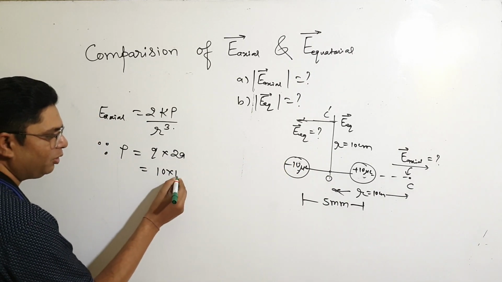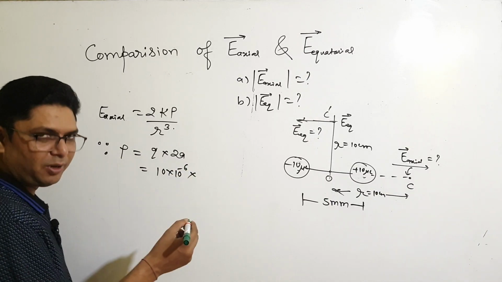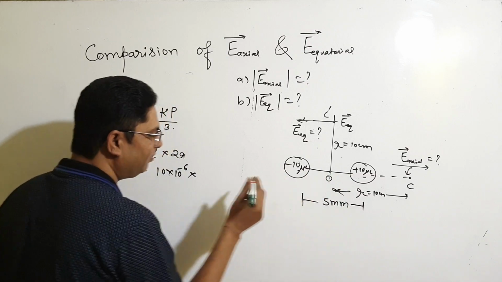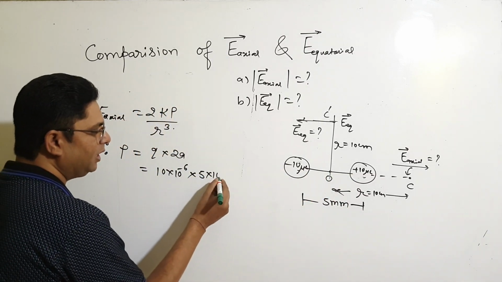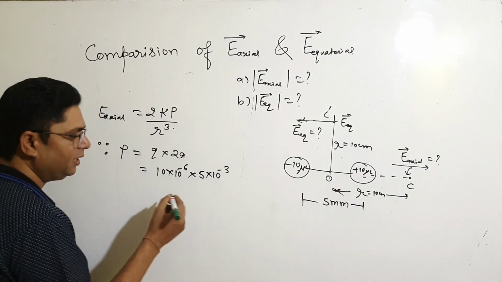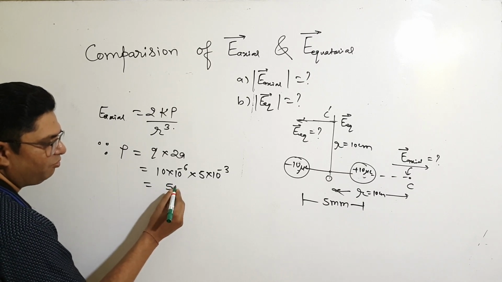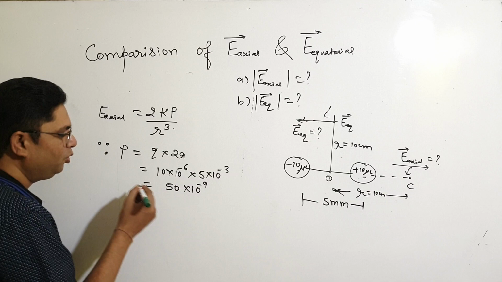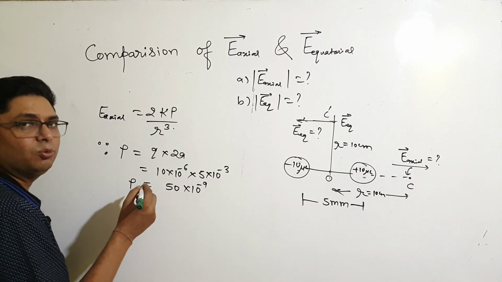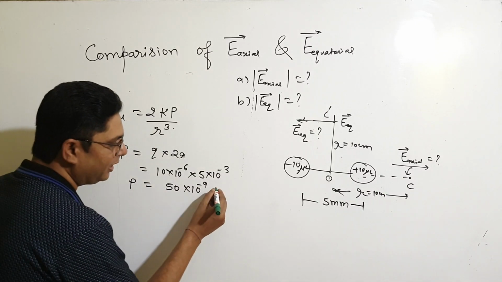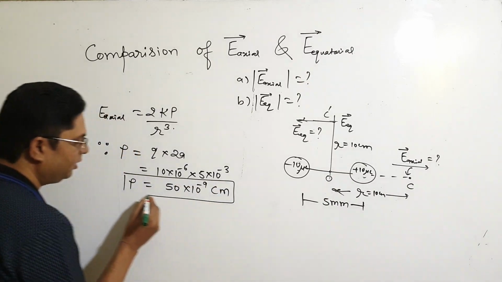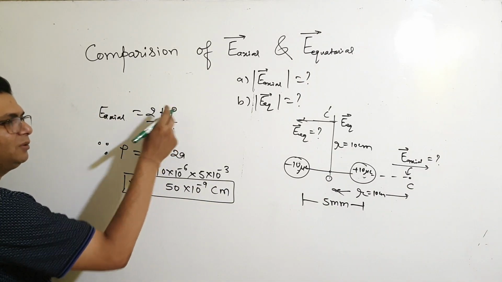So 10 into 10 to the power minus 6 is 10 microcoulomb. 2a is the distance between these two charges, which is 5 mm, 5 into 10 to the power minus 3 in meter. So you have 50 into 10 to the power minus 9. Unit of dipole moment is coulomb meter. So write here coulomb meter. So here you get the value of p, which we are going to use at this place.